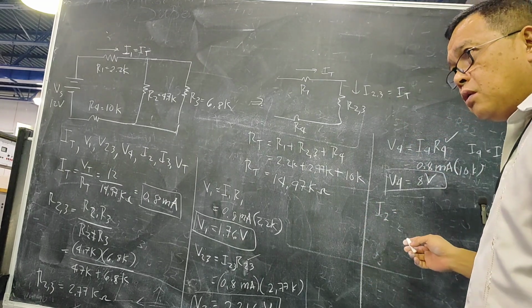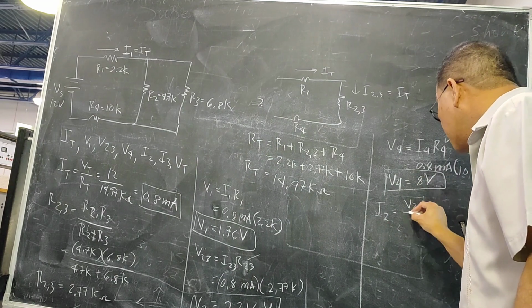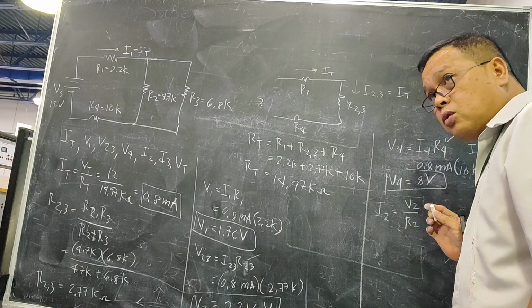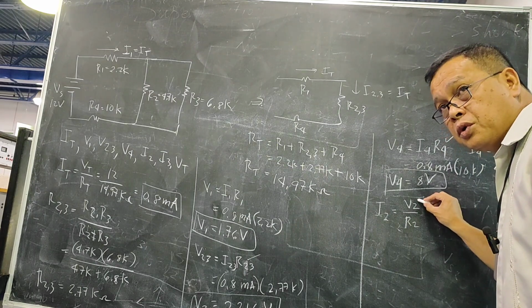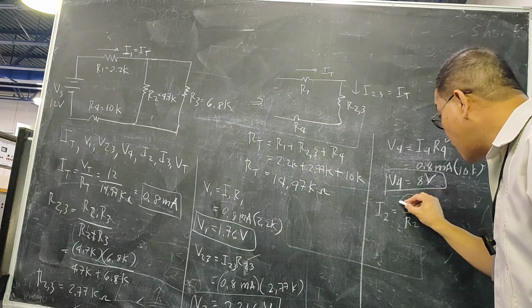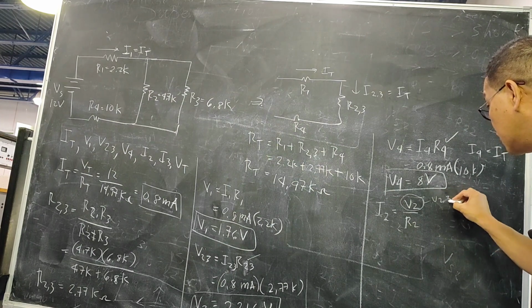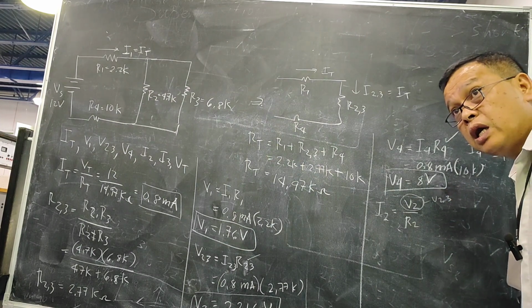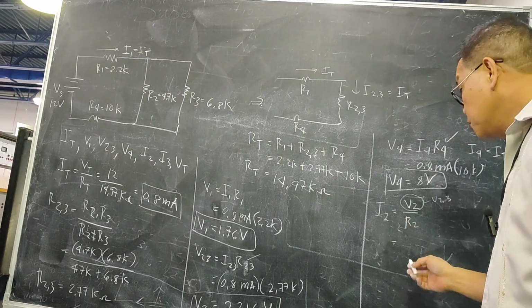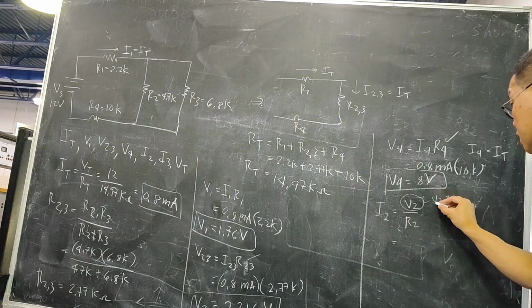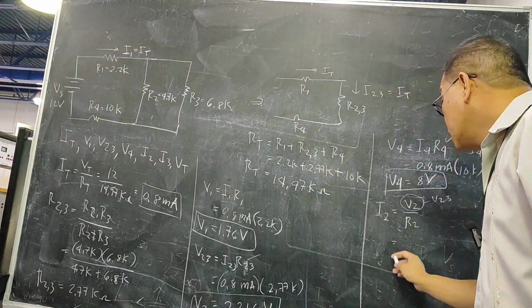I2 by Ohm's law is V2 over R2. Is that correct? Do we have V2? Yes, we have V2, which is also equal to V23, because it's parallel. So we can calculate I2 directly.